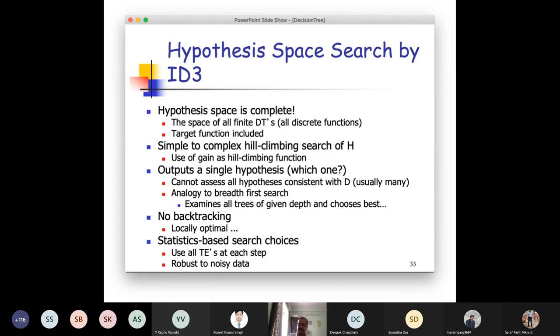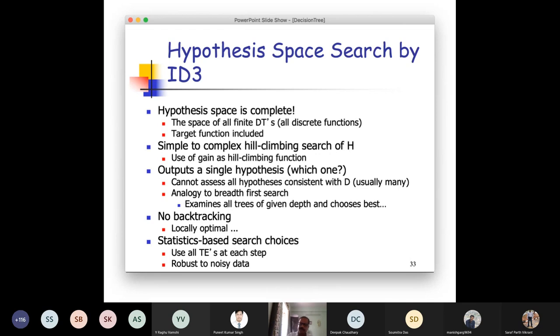All the training examples in the sense that it is only the training examples which are associated with that state. So you should qualify that.